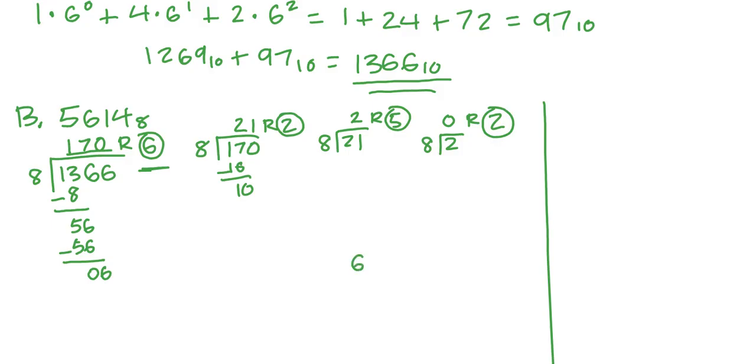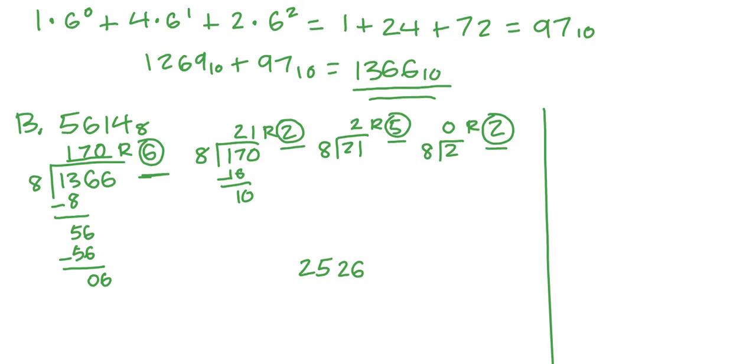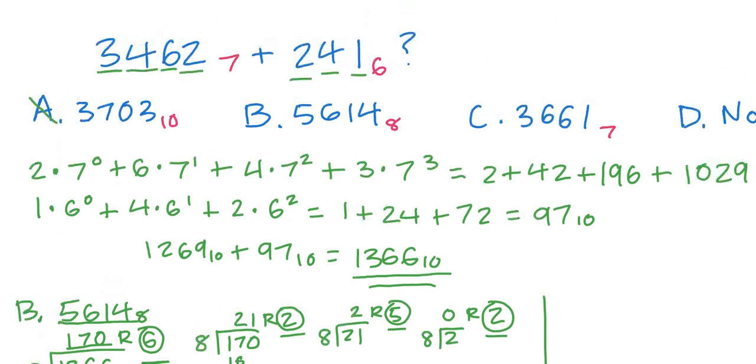So I'm going to write 6, 2, 5, and then 2. So I got 2,526, which is not equivalent to answer choice B. So we can eliminate that one.